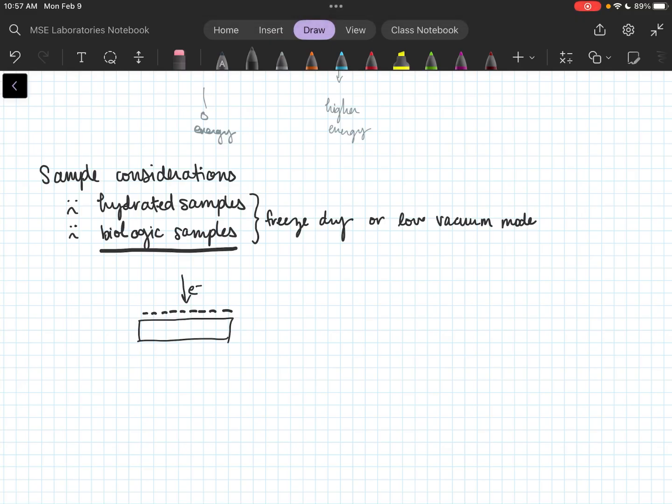I might burn the sample. And my electrons are going to have nowhere to go. So I'm going to end up with a very staticky sample, just this huge charge buildup. So low conductivity is sad face.